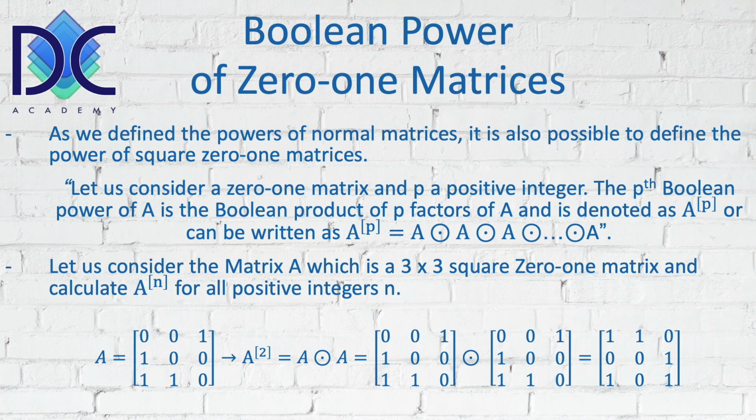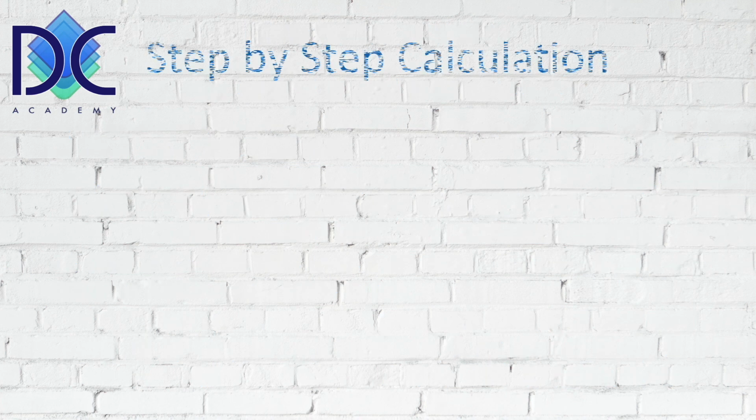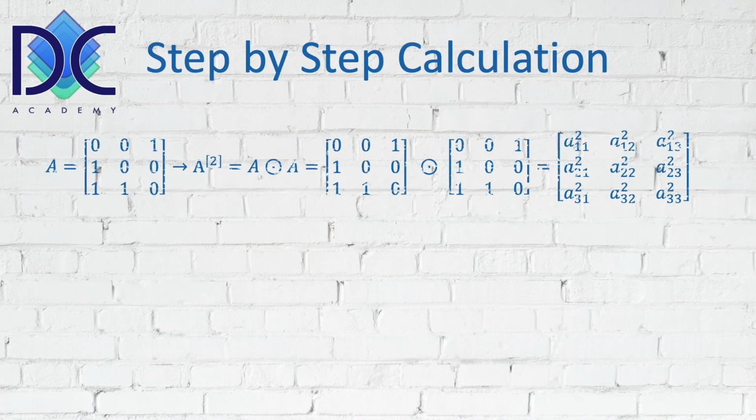Now we can continue this, and let's have a look now at the step-by-step calculation of this result. So first of all, we start with the first element. So we have the Boolean power, the Boolean square of A is the Boolean product of A with itself, and we find A11 to the square, and so on.